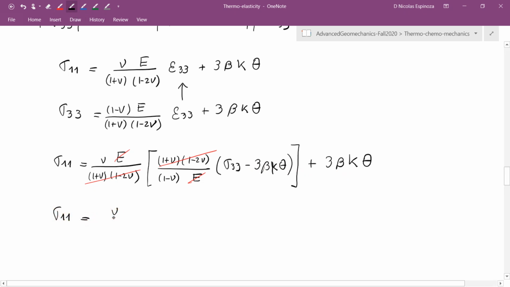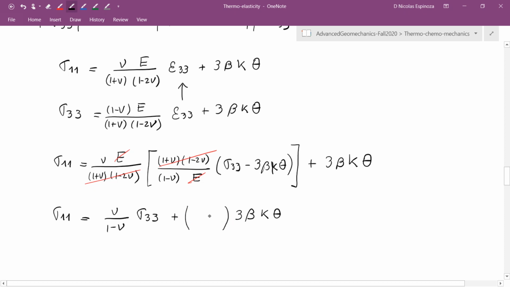So I have here the Poisson ratio divided by 1 minus Poisson ratio, sigma 33, and also I can use as a common factor 3 beta k, and in front 3 beta k theta, and in front I'm going to have here Poisson ratio divided by 1 minus Poisson ratio, and this is going to be negative.